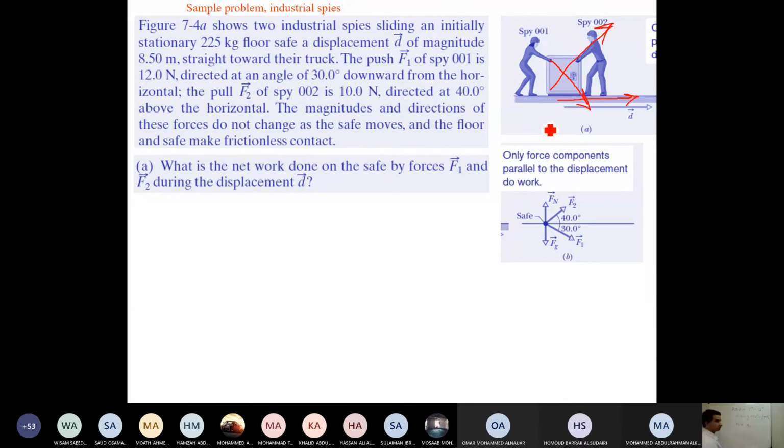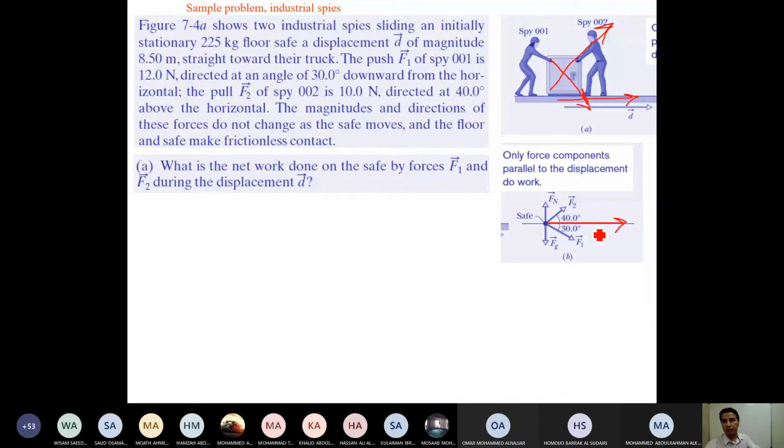So let me solve it here. When we divide the forces into components, as I sketch the lines, you can see a little more detail. This is the x direction in which the object is going. The forces F1 and F2 are at angles of 30 and 40 degrees respectively.